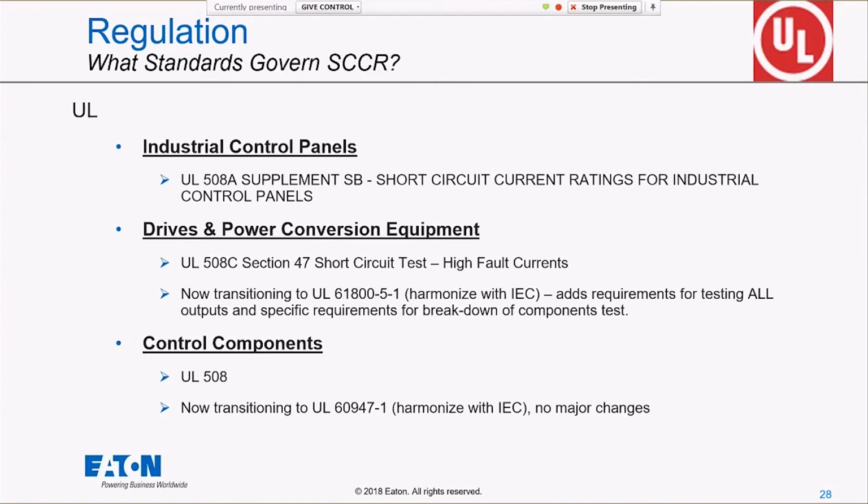There are no major changes happening here. So the testing requirements and things didn't change. It's really just the number that's going to change there. So just in case you see that number pop up, know that that's what it means. If you see that UL 60947-1, that used to be UL 508.